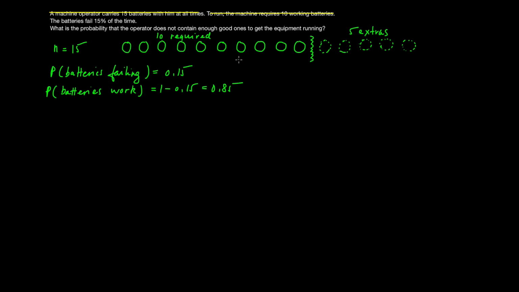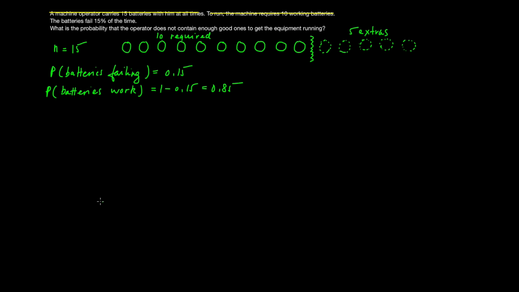It could be of rooms, of seats in a flight, like I said. It could be, in this case, the batteries. And then you'll always have some extras. The reason why I draw this out like this is to make it really easy for you to see how many batteries you would require for the machine to function or not to function.